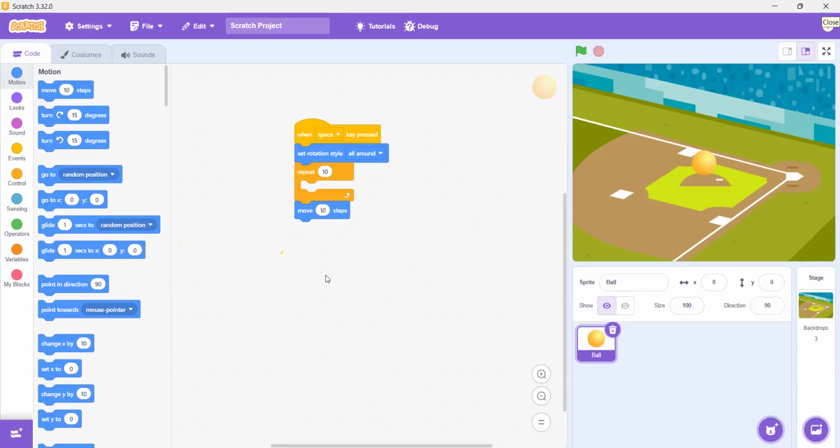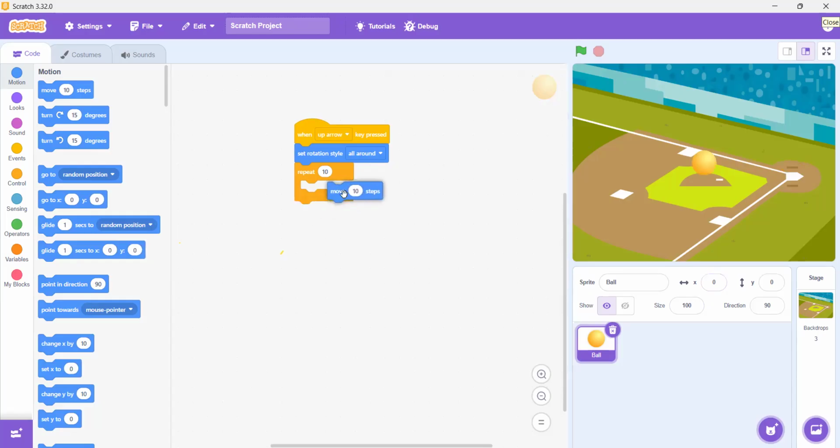When I bring it to repeat, I'm using the space. Okay, now I use the up arrow on my laptop. I'm using the up arrow. When I'm clicking one step, it is going 10 steps one at a time. But if I bring it back to 0, so I asked, one step, go one step.